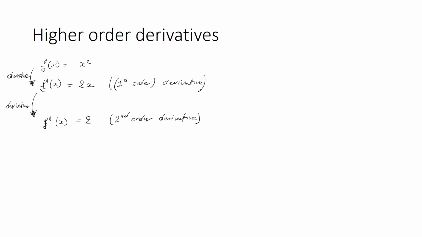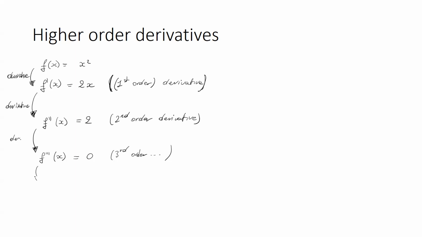If you don't say what order it is, it usually means it's the derivative. And we can keep doing this. We can take the third order derivative by differentiating the second order derivative one more time. And the second order derivative is a constant, so the derivative of that is just 0. So this is the third order derivative.